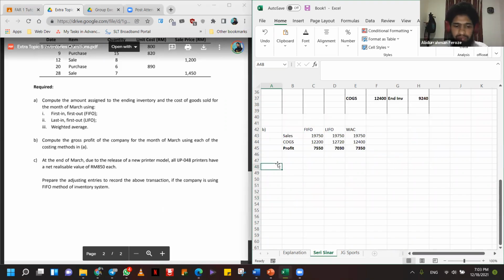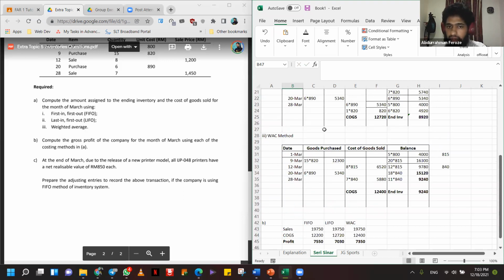And then we have part C, which is at the end of March, due to the release of a new printer model, all printers have a net realizable value of 850 ringgit each. Prepare the adjusting entries to record the above transaction if the company is using the FIFO method of inventory.